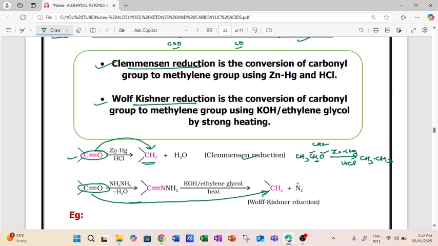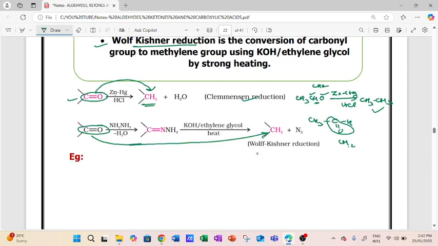Once more, I'll write CH3CHO, this is ethanal. This part changes into CH2 and this H combines to form CH3, and that is the product. Similarly, if it is a ketone like propanone, CH3COCH3, when you add zinc amalgam and HCl, this CO changes to CH2.